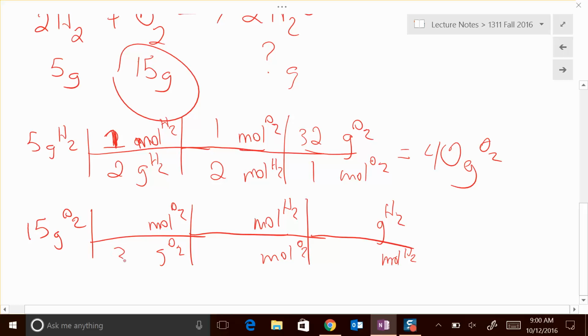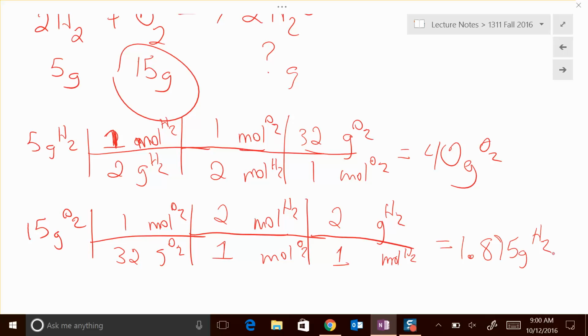So 32 for 1. I have 2 hydrogens for every 1 oxygen, and I have a mass of 2 for every 1 mole in hydrogen. 15 times 4 divided by 32. What is it? 1 point what? I would only need 1.875 grams of hydrogen to react with 15 grams of oxygen.